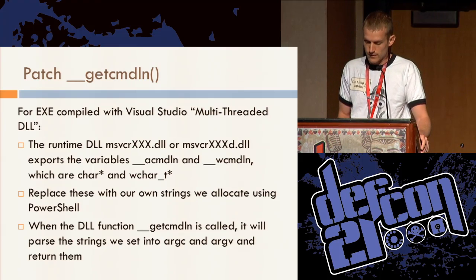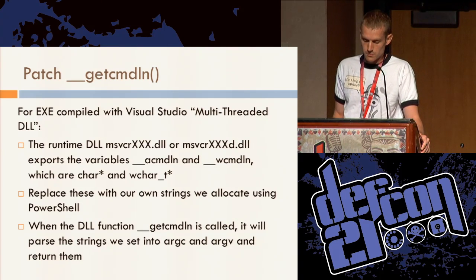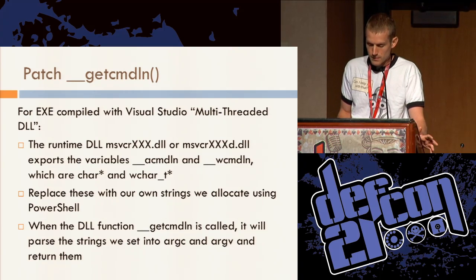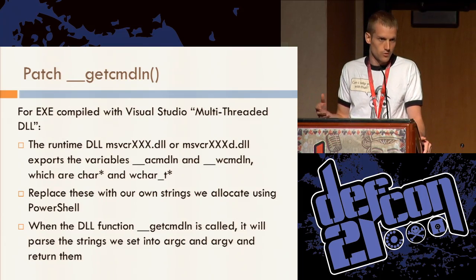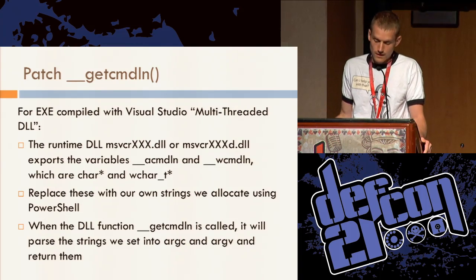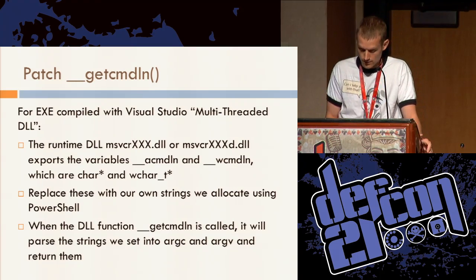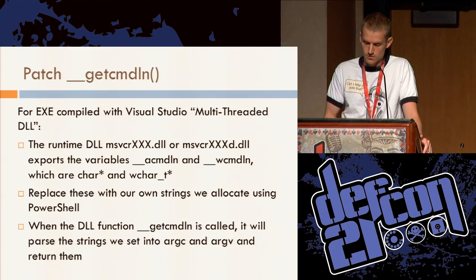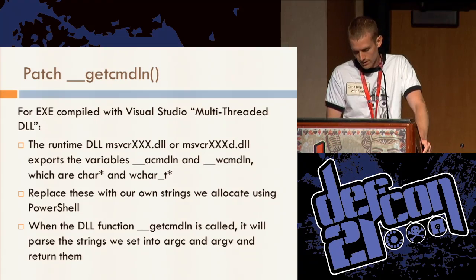But what I found is that the DLL that this function is exported from also exports two variables, A command line and W command line. And these variables are just string pointers. And so if you go and overwrite these variables and then you call the get command line function, it'll parse the variables that you just overwrote. So that's an even easier solution than the previous one because you just replace those string pointers with pointers to strings that you allocate.